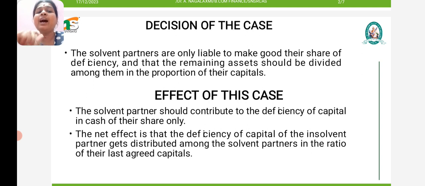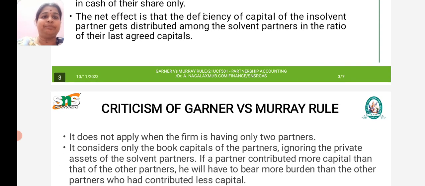In the last agreed capitals, that is, in capital ratio. After settling the share of their own deficiency, the solvent partners have to bear the deficiency of the insolvent partner in the capital ratio. This is the effect of this case.